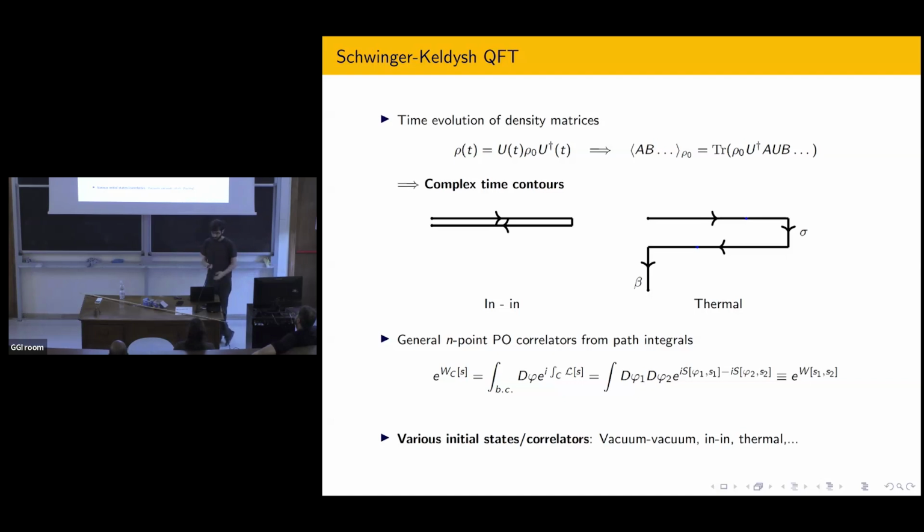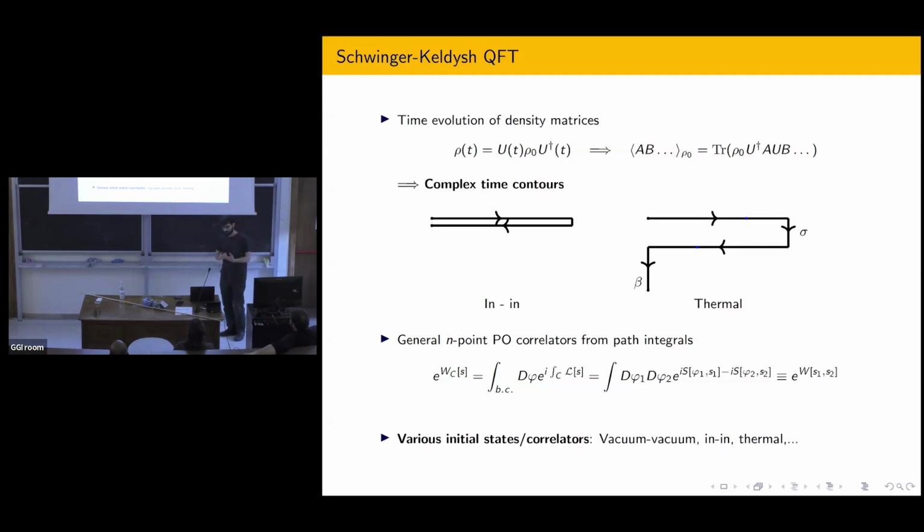This leads basically to correlation functions in general density matrices rho node, which are of the form trace of U dagger A, U, and certain insertions of operators.